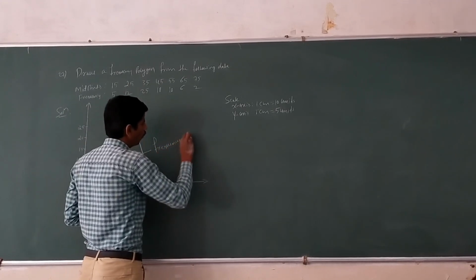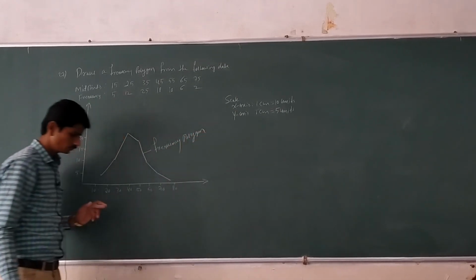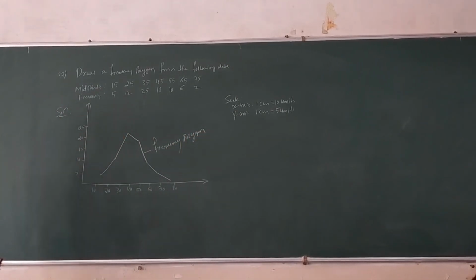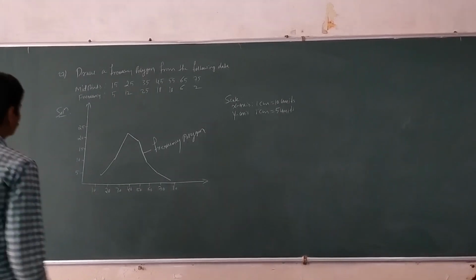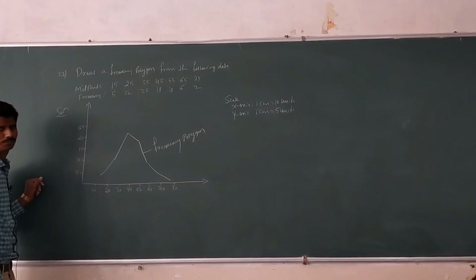See, the polygon. Here the class frequencies are plotted against the class mid values.